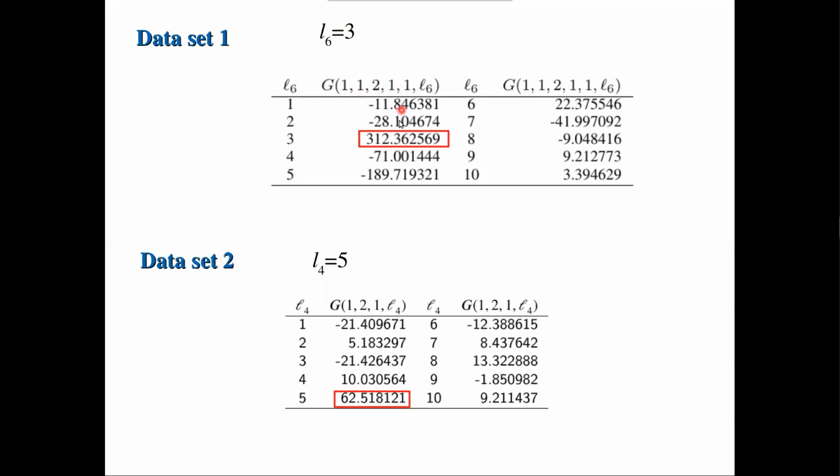So we have decided to employ the third vector attributed to the genes for selecting genes. For dataset 2, we have found the fifth vector attributed to genes associated with the combination of the first, second, first vectors. Then we have decided to use the fifth vector attributed to genes to select genes.